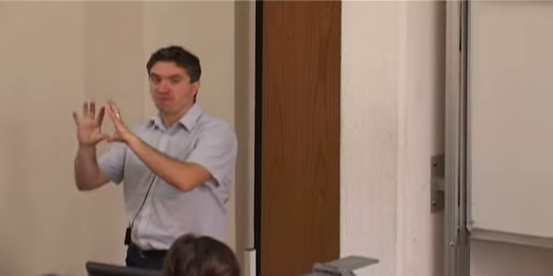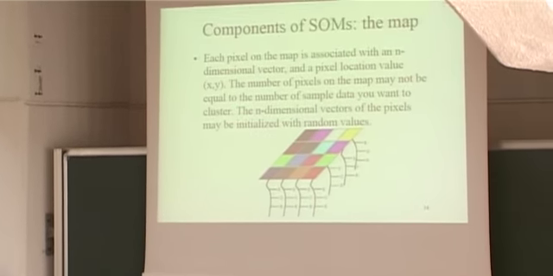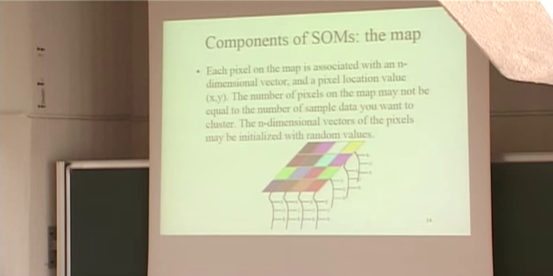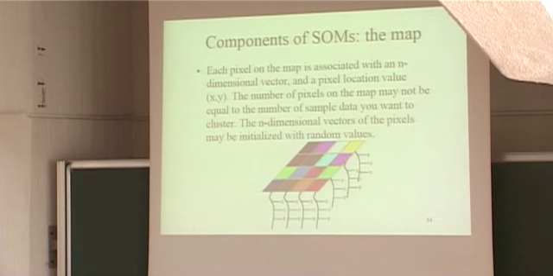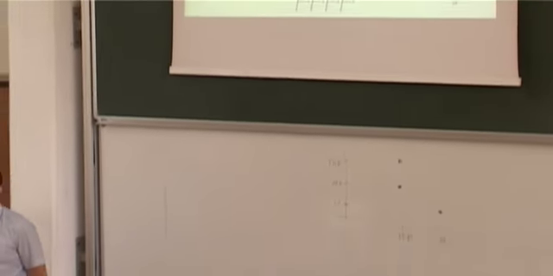Now, the other component is the map, okay? So we have the data we want to put on the map, these 400 students. And the other important component is the map. If you are going to put these 400 students on the map, what is the size of the map?